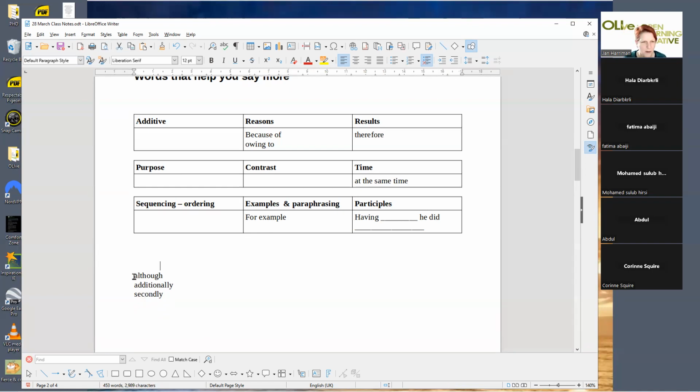How about although? Is the thing after. I was just thinking as well, sequence ordering. Sequence ordering?